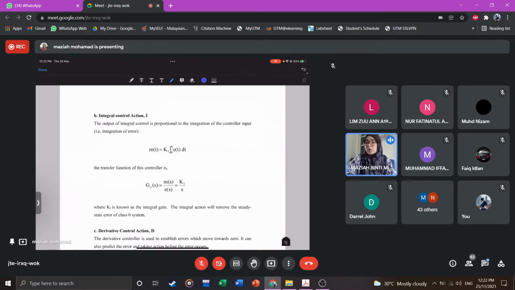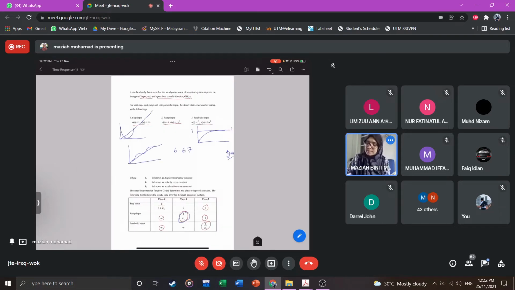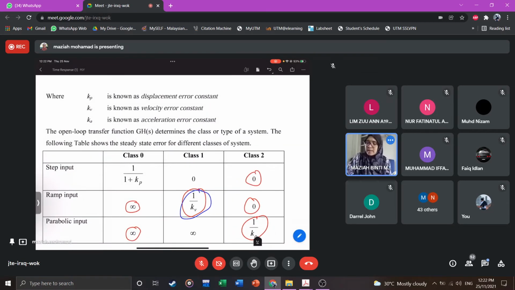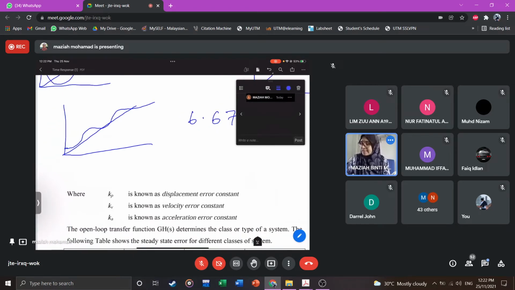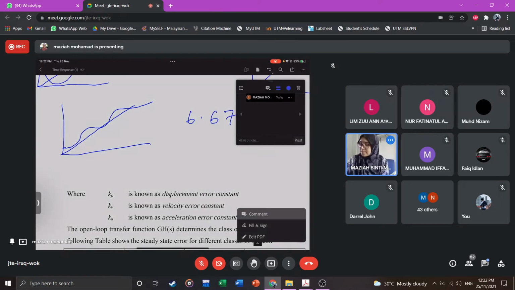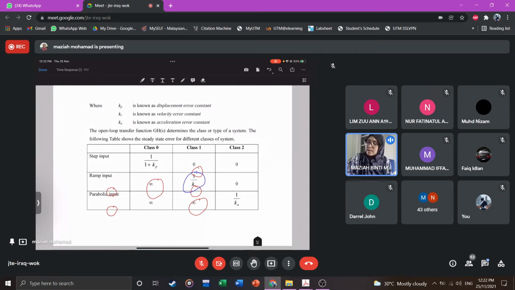If you refer to the previous table, class 0 has a steady state error.